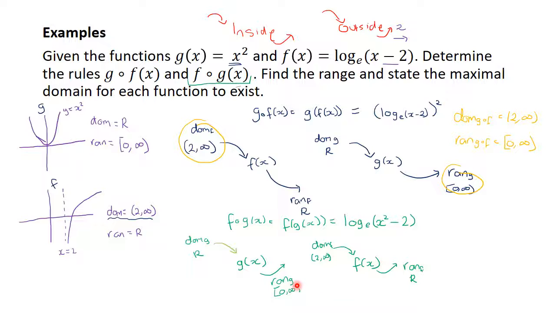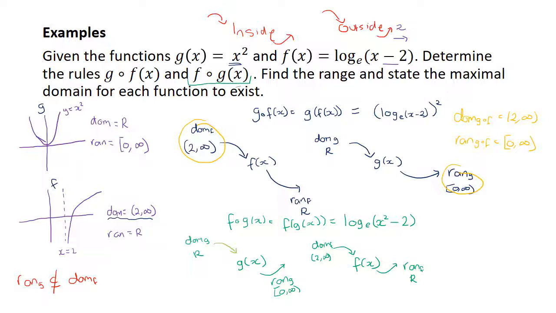Because looking at this function does not currently exist. Remember that for a function to exist, what we would need to happen is that we would need the range of g to be a subset of the domain of f. And it's not at the moment. The range of g is bigger than the domain of f. So at the moment, it's not true.